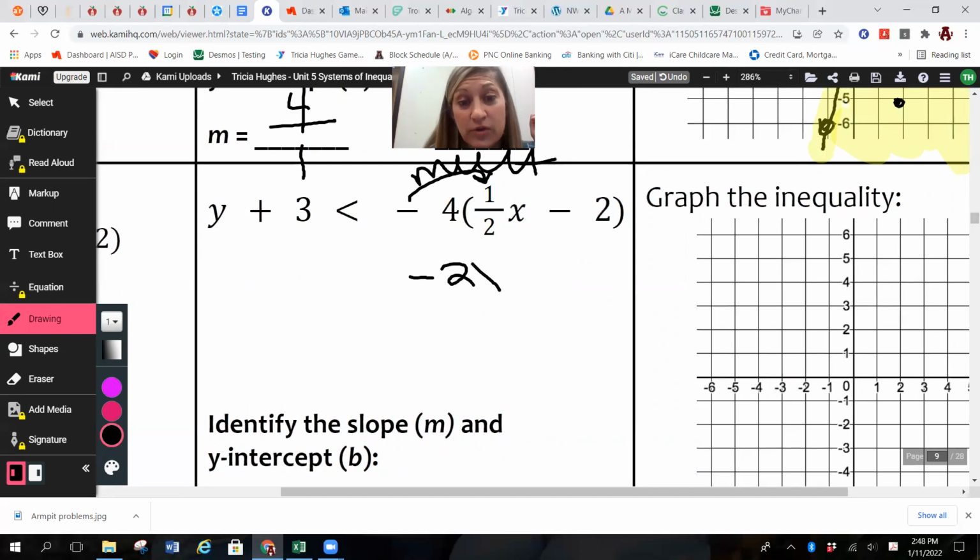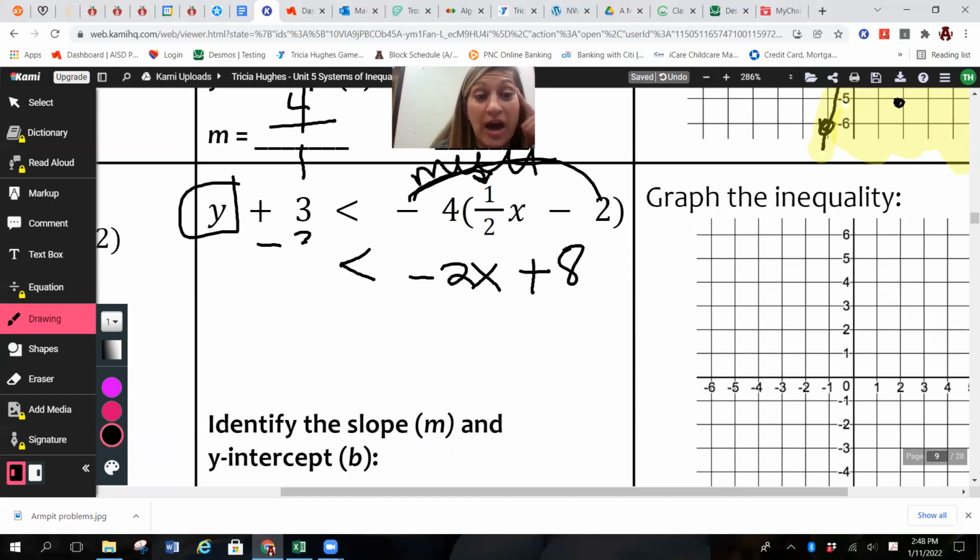And there's an x, so I will put an x. Now we're going to multiply again, but this time it's a -4 times a -2, which is a +8. Students make a mistake right there because they forget that a negative times a negative makes a positive. Now we should have already boxed the y, my fault.